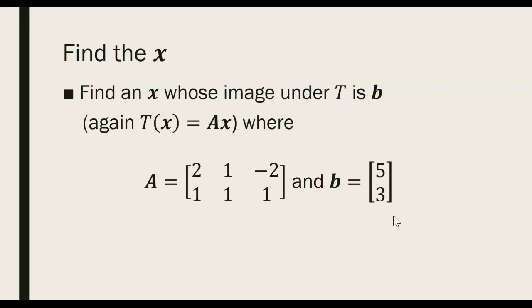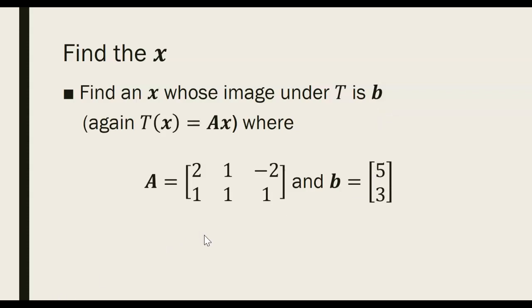We're going to give you an output vector and ask what input vector I would have needed to multiply by A in order to get out the vector B. The way you could phrase this is find an X whose image under T is B. So we're going to take T of X equals A times X again, and this time we're looking for the X whose image is B.